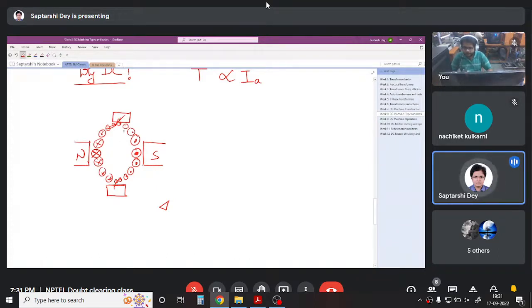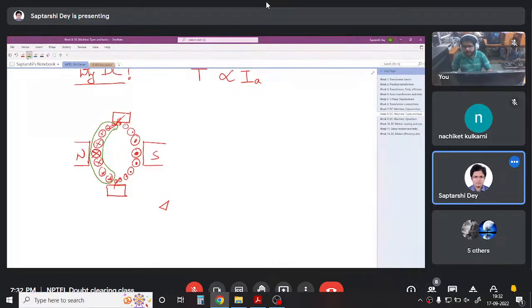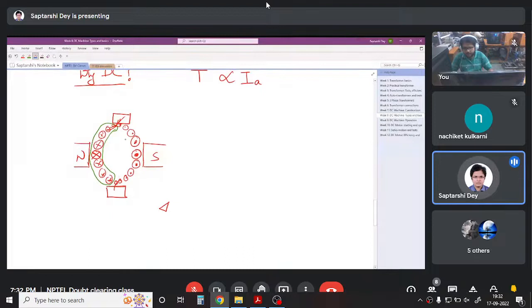So forget the direction of rotation. So you see here, I have a current band where all the currents are going away from us. I have, say, another current band here where all the currents are coming towards us.